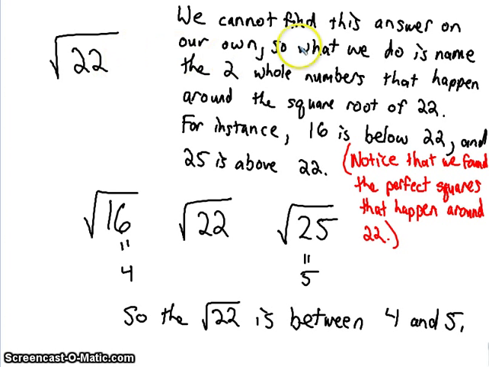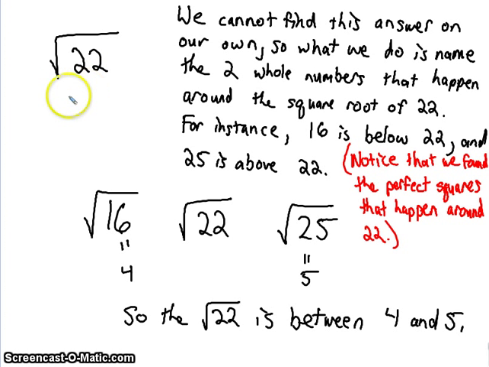What we're going to do is find the 2 whole numbers that happen around the square root of 22. So we're not looking for the exact answer because we would need a little evil demon box to do that. What we're going to do is try and find where we can locate the square root of 22 on a number line.